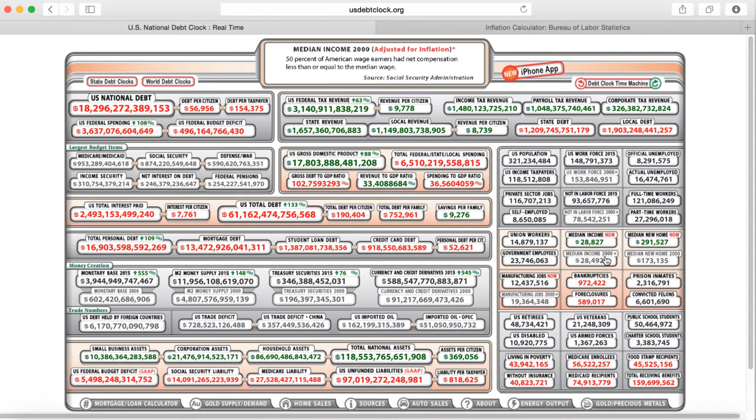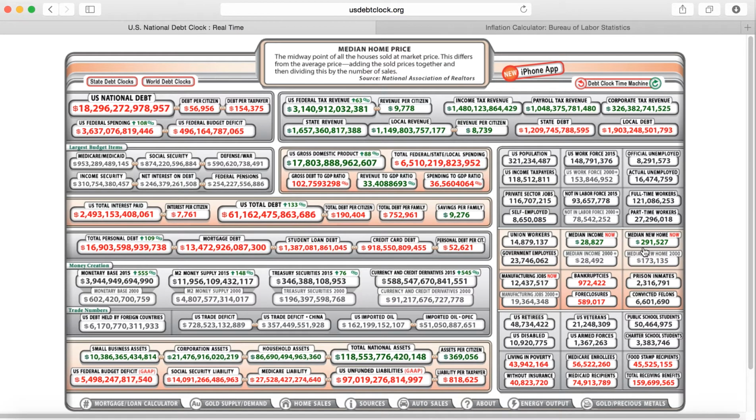However, we see that it's only gone up not even $400. So this gives us a really good picture of the fact that we've had inflation and the median income has not increased to keep pace with inflation. The median new home price is under $300,000. In 2000, that's a huge jump.